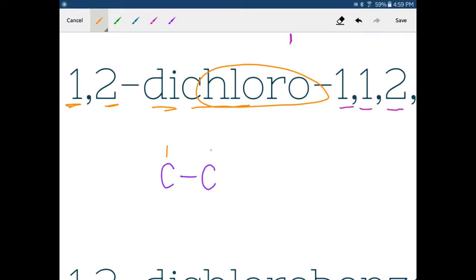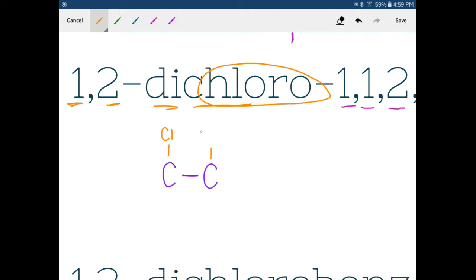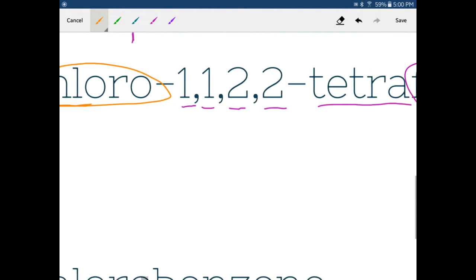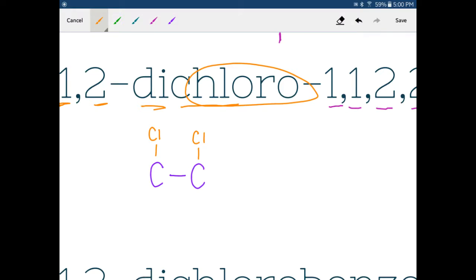So this is carbon 1, this is carbon number 2, I have chloro, and then I have 1,1,2,2-tetrafluoro. So I'm going to do that in pink, 1,1,2,2-tetrafluoroethane. Now notice this is still considered ethane, it's still saturated even though there's no hydrogens in it.